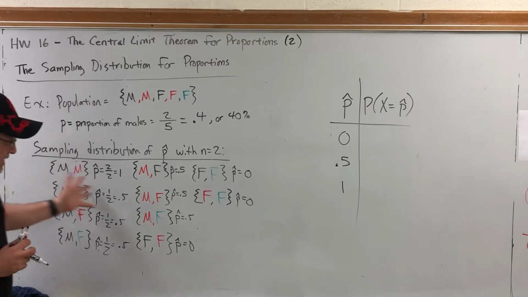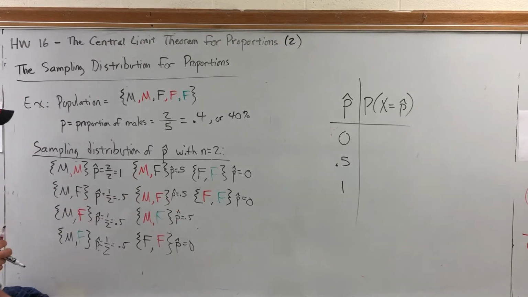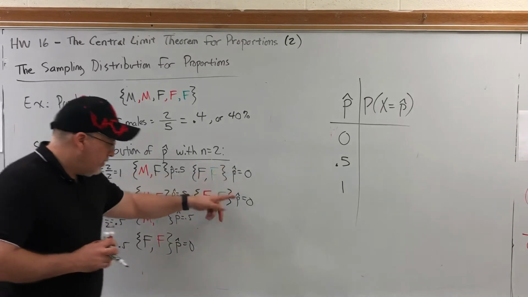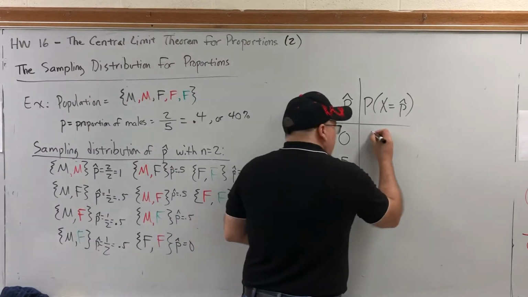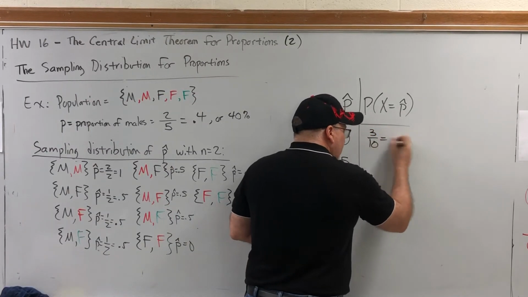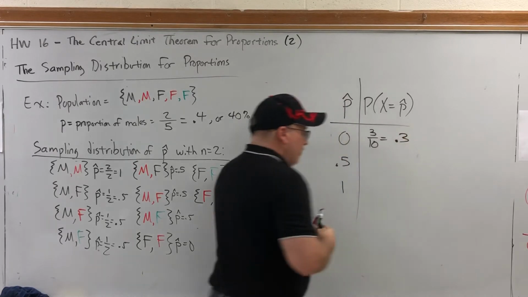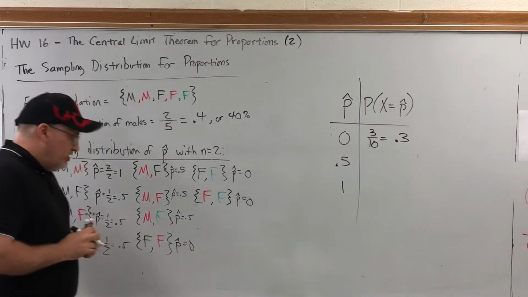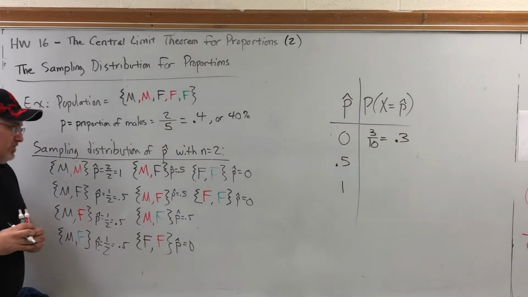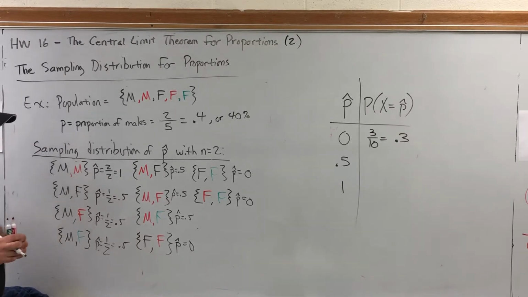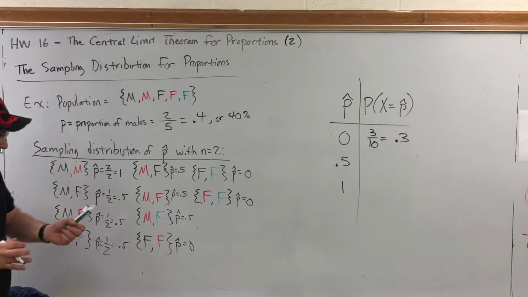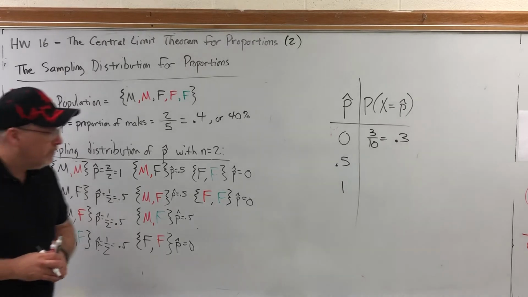For example, out of the 10 samples, how many of them had a p-hat value of 0? 1, 2, 3. So there's a 30% chance that a sample is 0% male. In other words, there's a 30% chance that the sample we select is all females.